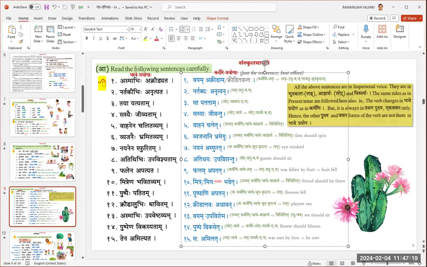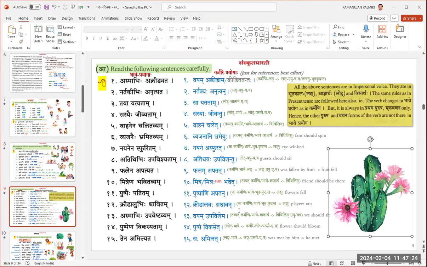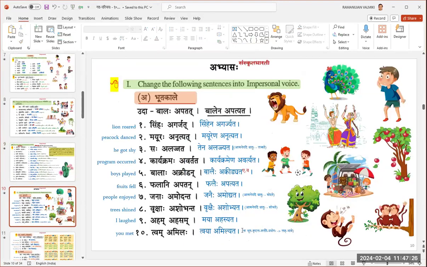Yeah, lung. Actually, I went to the next sheet. Sorry, this sheet I have to go. Yeah, tvaya amilyata kta bhuta karmani is incorrect. There, correct. This is actually kartari Madhyama Purusha Ekavachana.